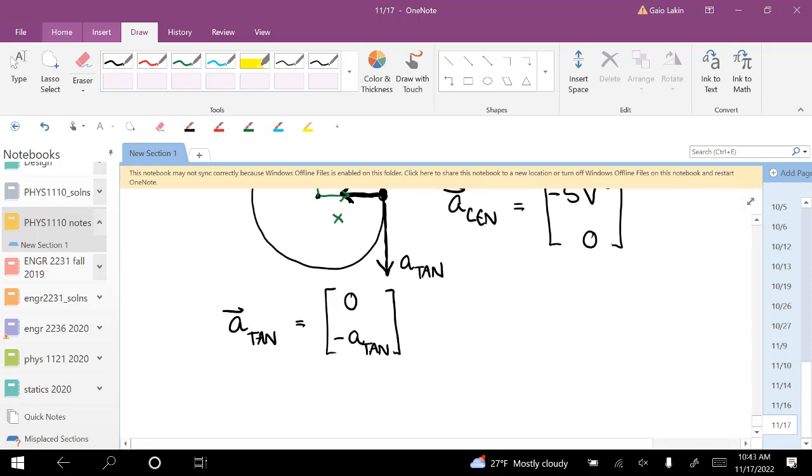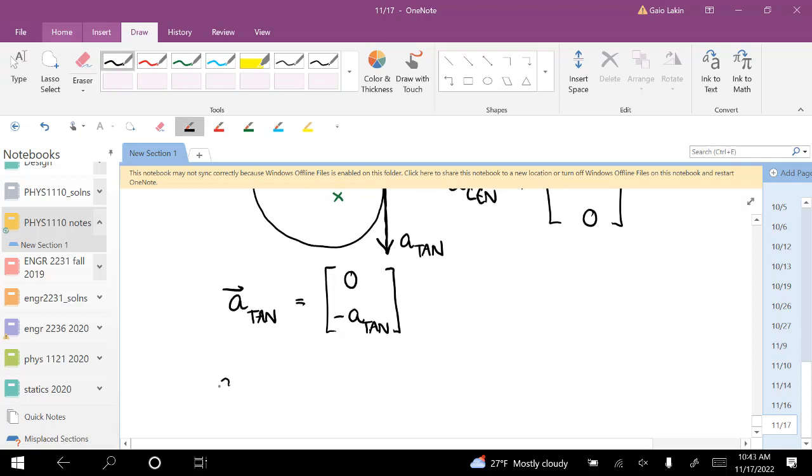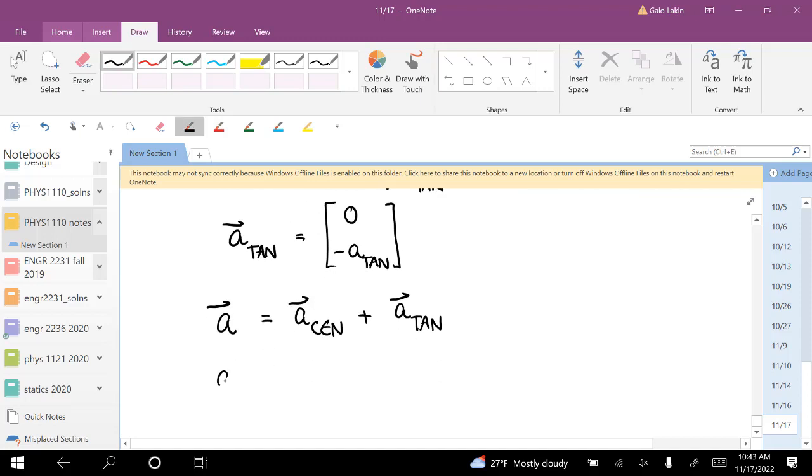Okay, so now we can put these together. The total acceleration vector is these two vectors added together. And so it's negative 5 v squared, 0, plus 0, negative a tangential.